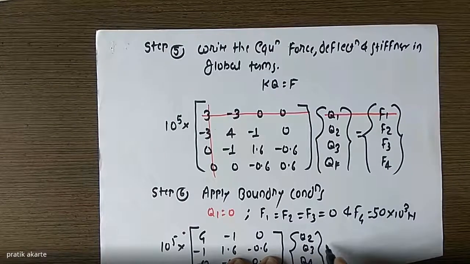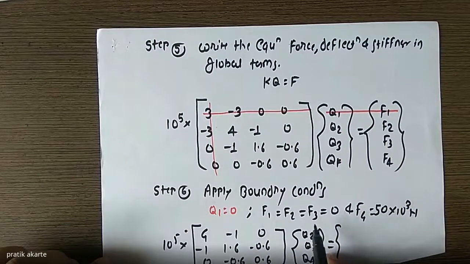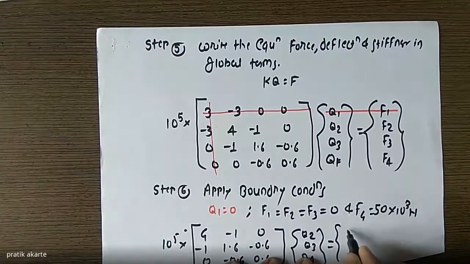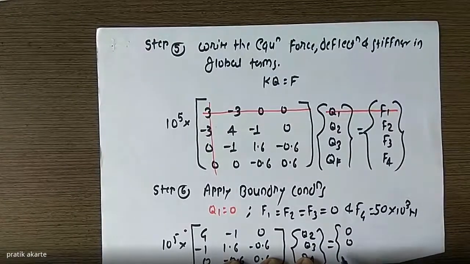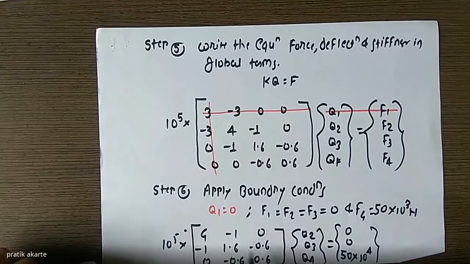For forces, F2 and F3 are 0, so I write 0, 0, and F4 is 50 into 10 raised to 4. So I have 3 equations and 3 unknowns.